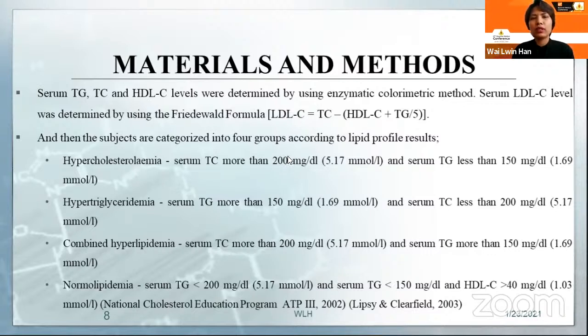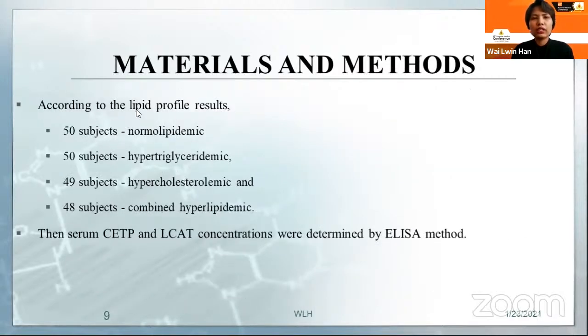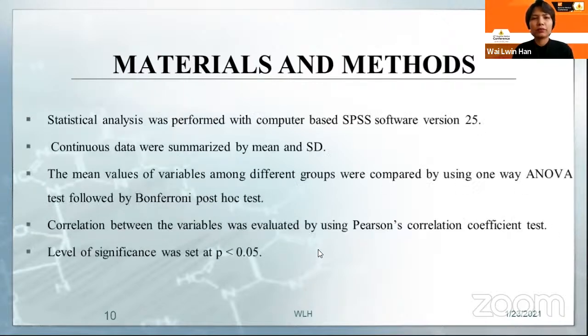And then the subjects were categorized into 4 groups according to the lipid profile result, that is hypercholesterolemia, hypertriglyceridemia, combined hyperlipidemia, and normal lipidemia, according to the National Cholesterol Education Program ATP III 2002. According to the lipid profile result, a total of 197 subjects were included in this study. Then the serum CETP and LCAT concentrations of the subjects were determined by the ELISA method.